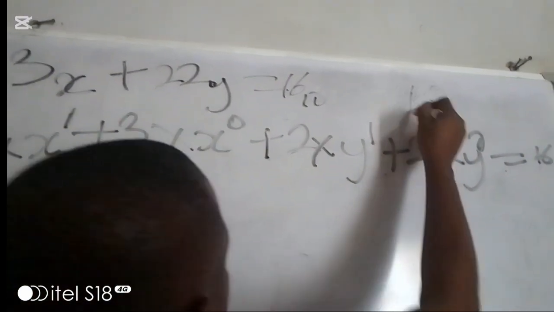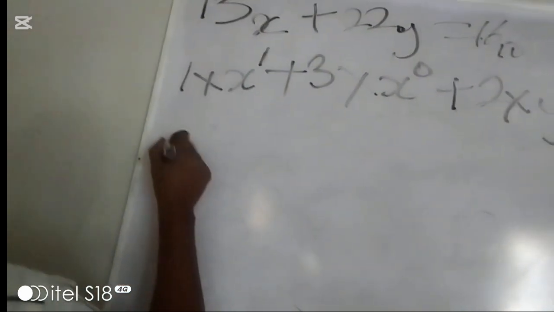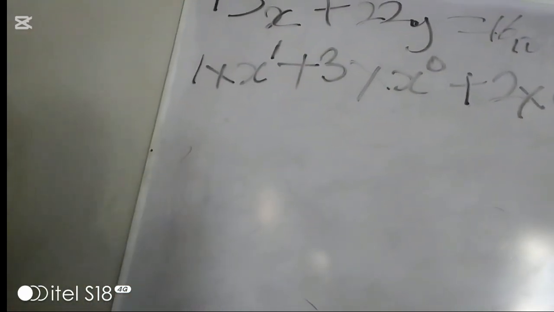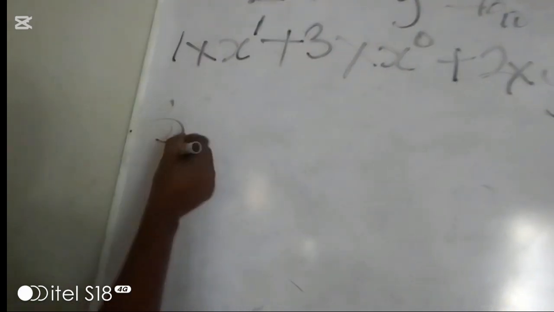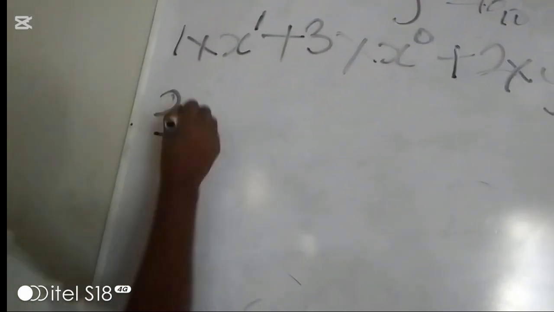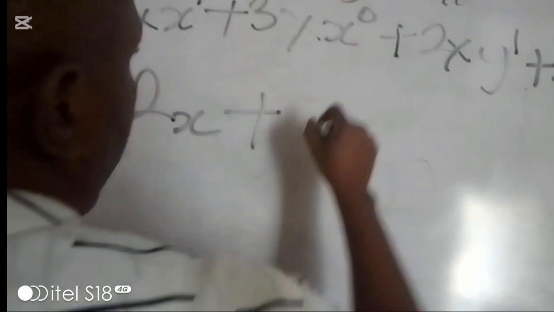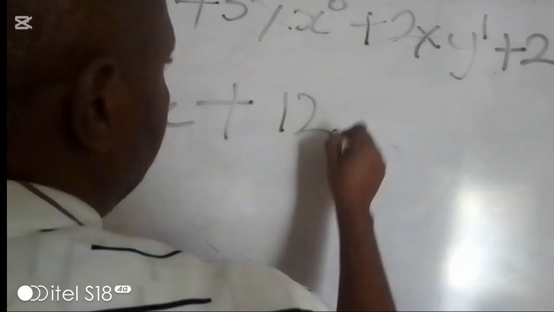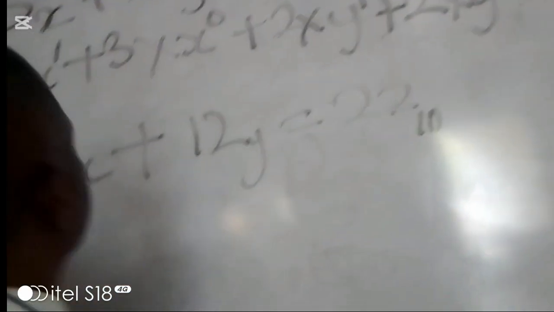We were given equation 2 to be 32 base x plus 12 base y equal to 22 base 10.